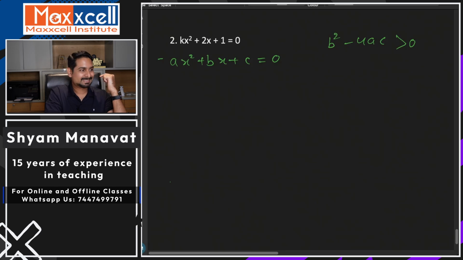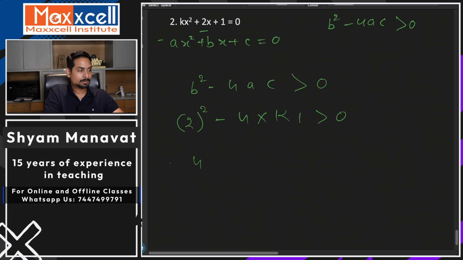Photographic memory. ax square plus bx plus c equal to 0, standard form of quadratic equation. a is k, b square minus 4ac, let me apply directly. So b is plus 2, we never write plus, so it's basically 2 square minus 4 into a which is k, into c which is 1, greater than 0, alright.